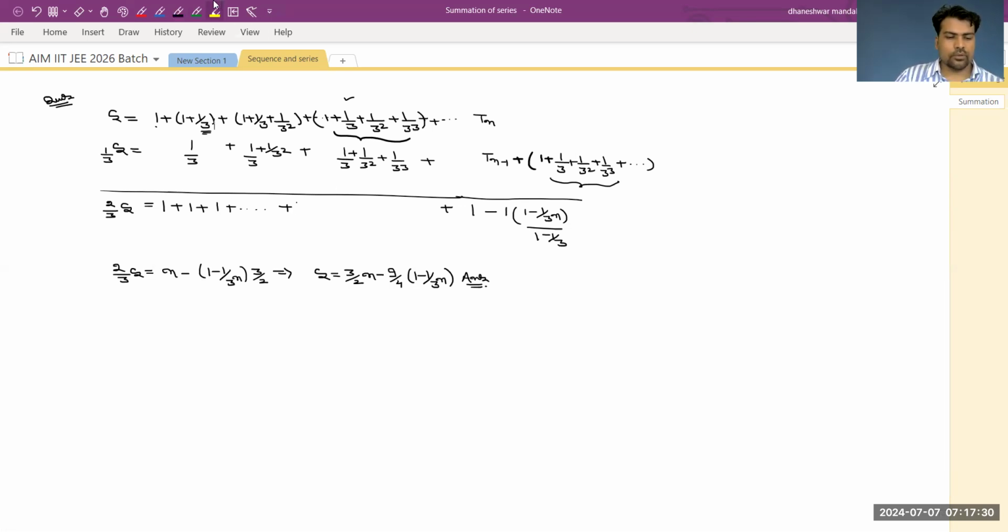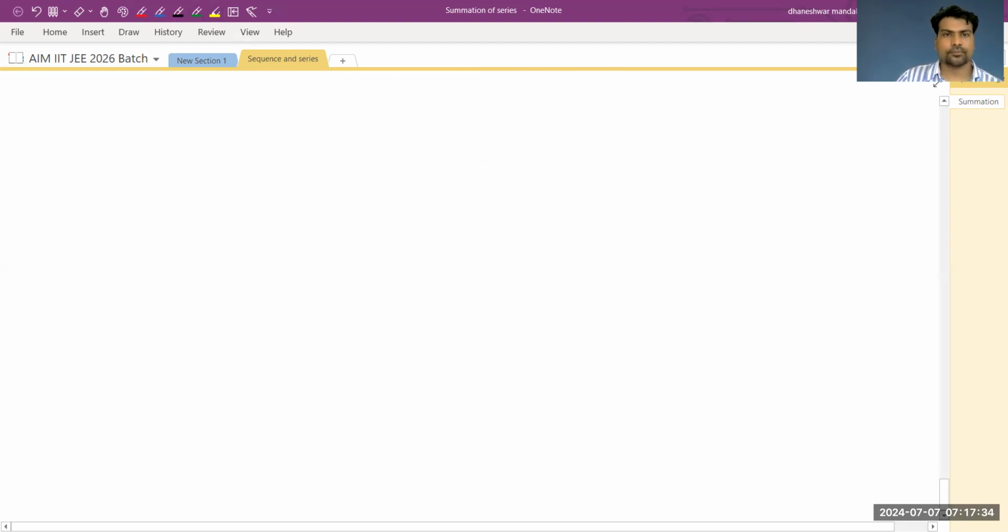Now we are going to take some more examples of this type of question. See, one question from GP and the method of difference, where the difference will be in GP. Let's take S is equal to 5 plus 7, 13, again we have 31, again we have 85, and this is the sequence.